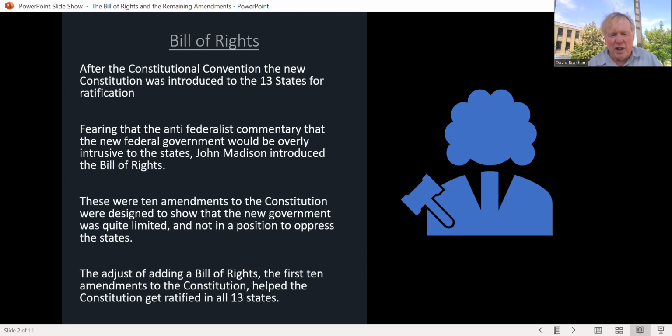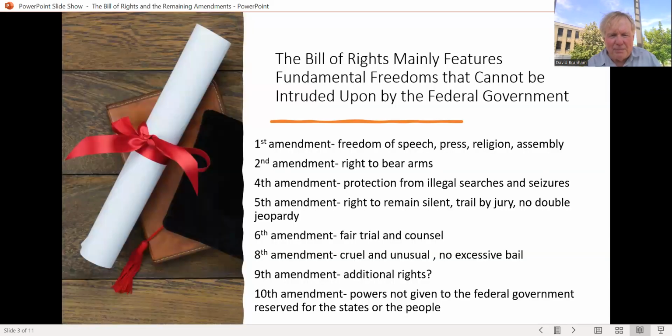And he introduced these 10 new amendments. Actually, they originally were 12. Congress cut them down to 10. The adjustment of adding the Bill of Rights, those first 10 amendments to the Constitution, probably helped get the Constitution ratified by all 13 states. And so I think they're very important.